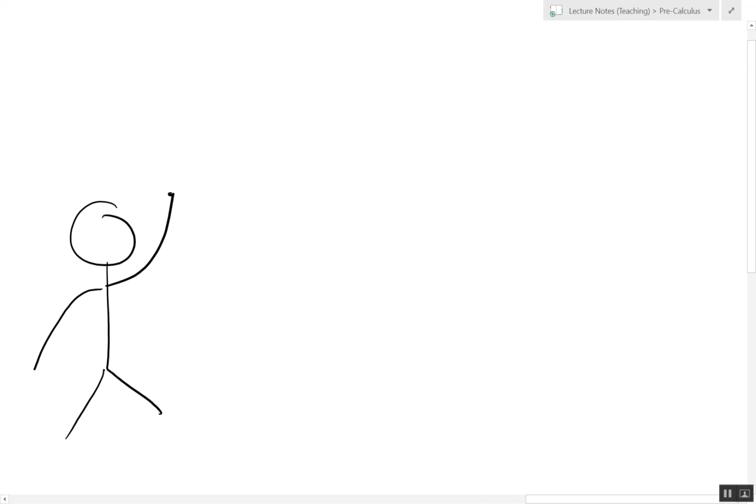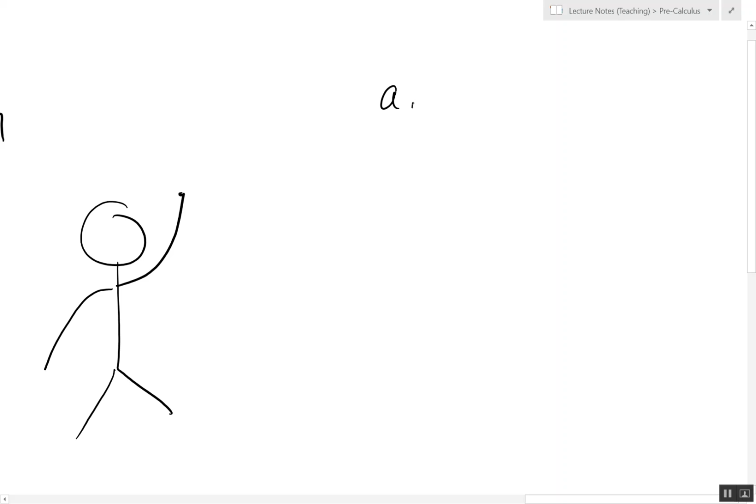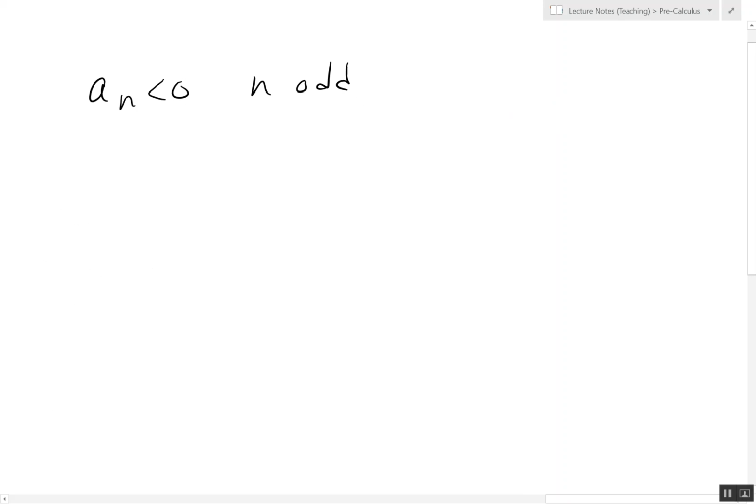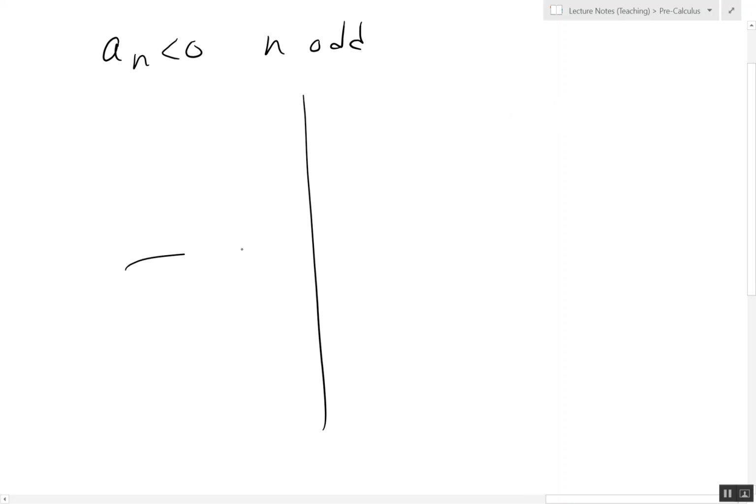And then when the leading coefficient is less than 0 and n is odd, we're going to go up in this direction and down in that direction, and we can have a whole bunch of different behaviors in the middle.